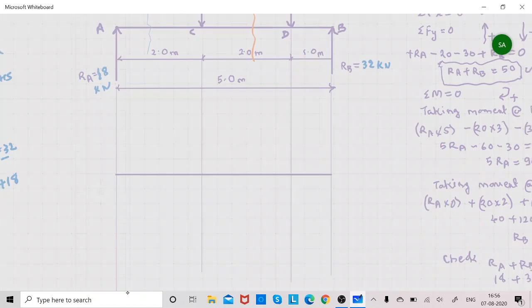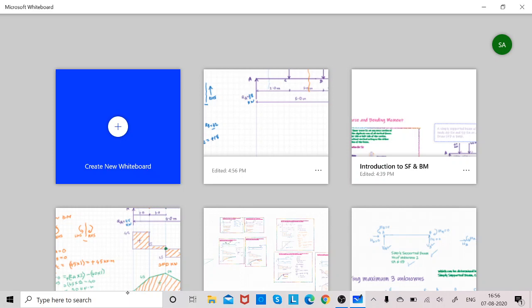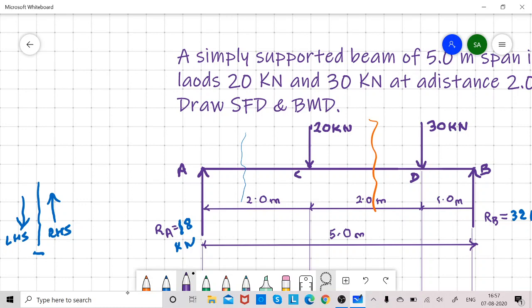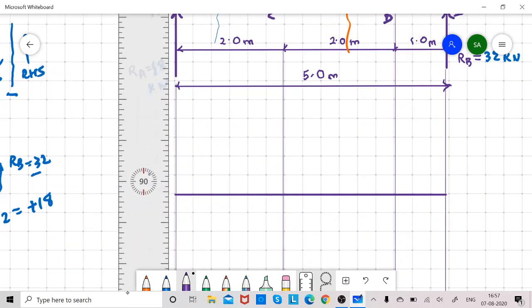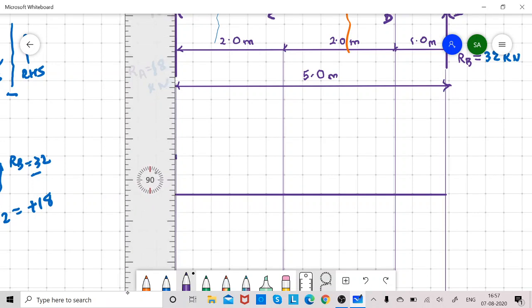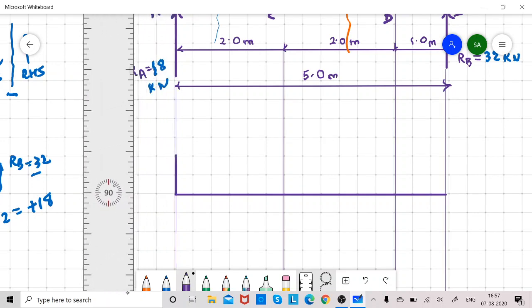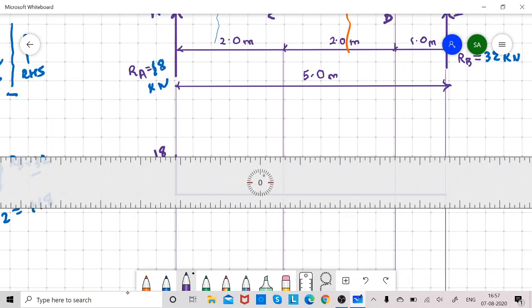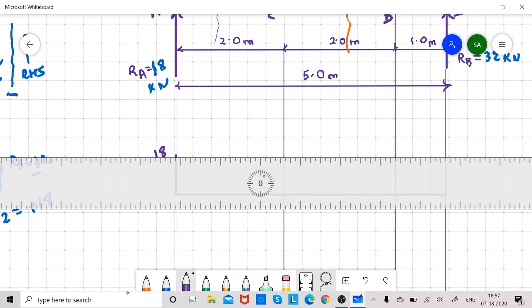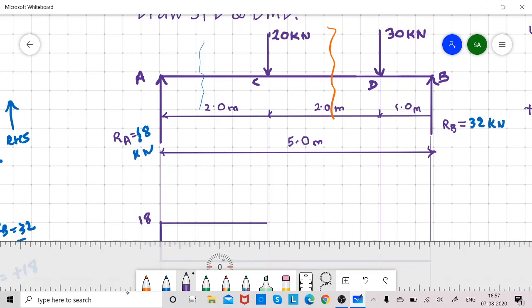18 kilonewton at A, then from A to C, there is no change.